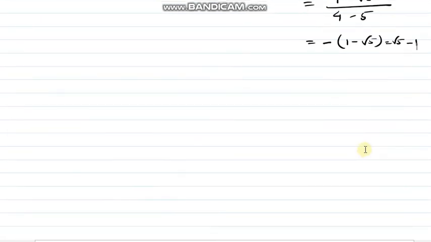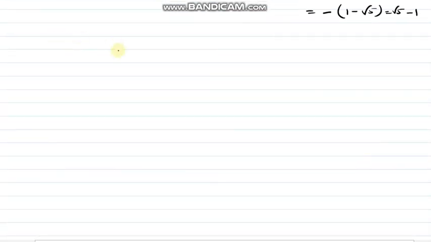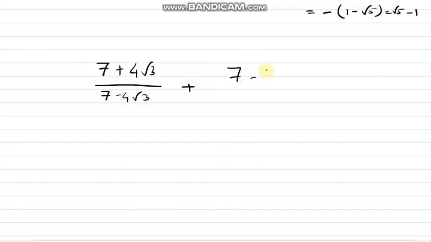Now one more thing in rationalization, I should teach you. Suppose you have a complicated sum like this: 7 plus 4 root 3 divided by 7 minus 4 root 3, plus 7 minus 4 root 3 divided by 7 plus 4 root 3.